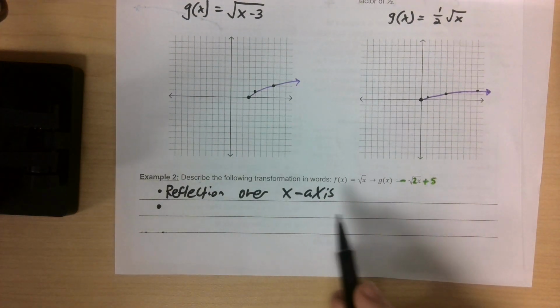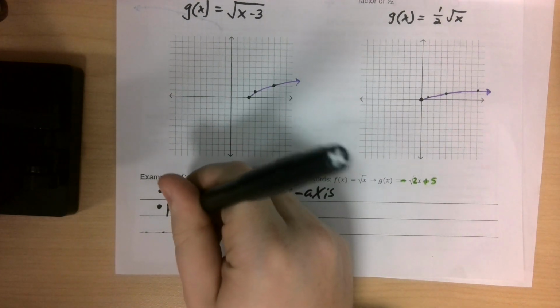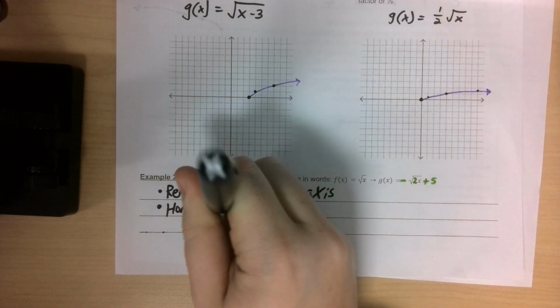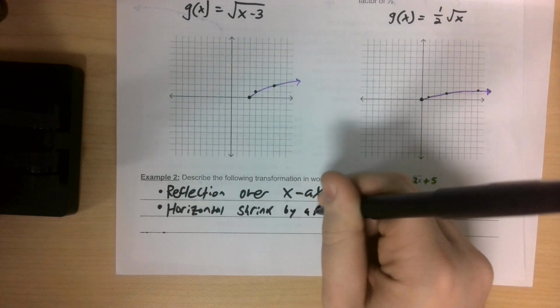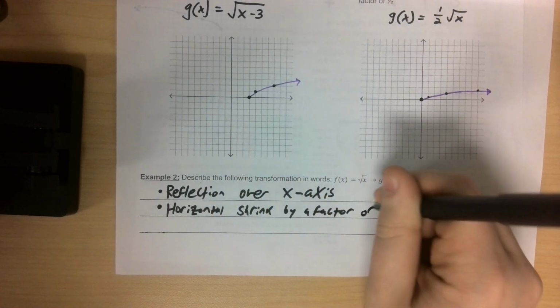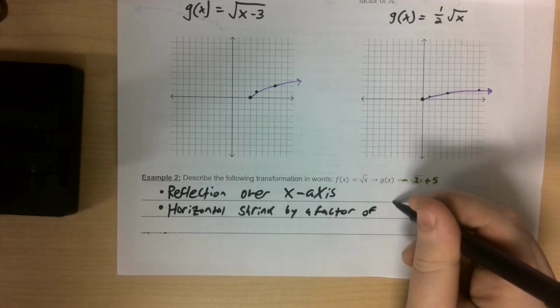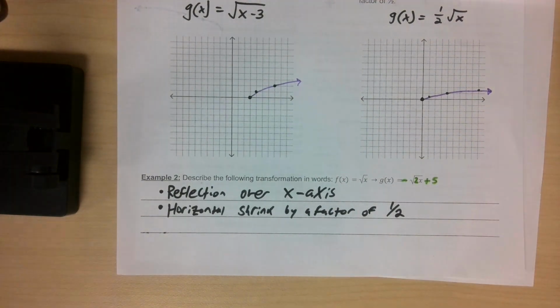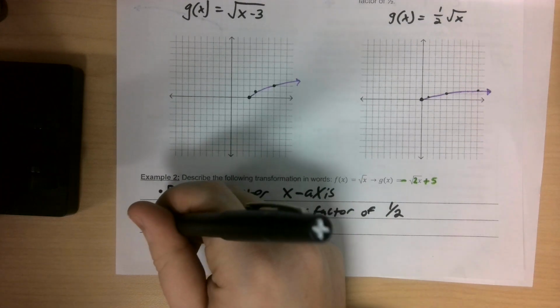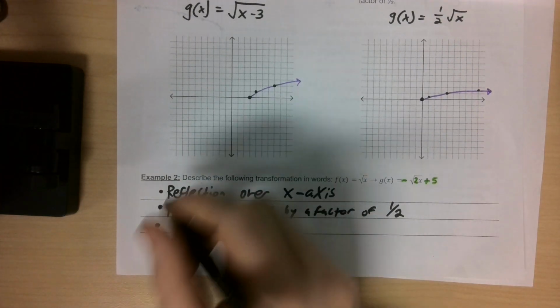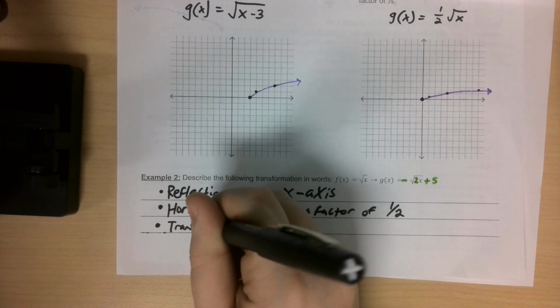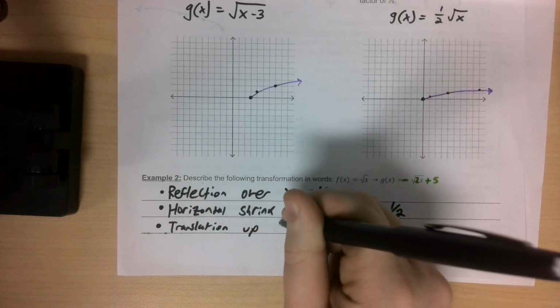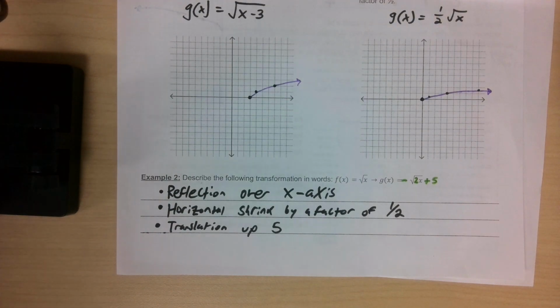Since it's a 2 being multiplied to just the x, this is a horizontal shrink by a factor of, and instead of writing 2, we write it as 1/2. Last but not least, if we're adding 5 to the end, that means that we are shifting or translating up 5. Perfect.